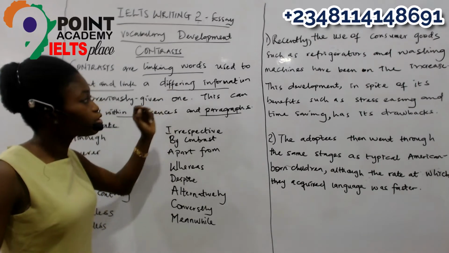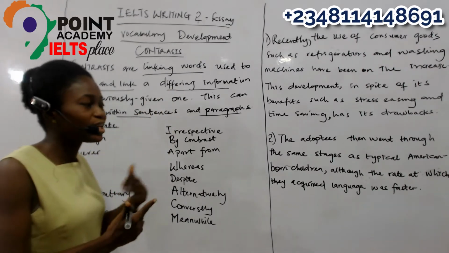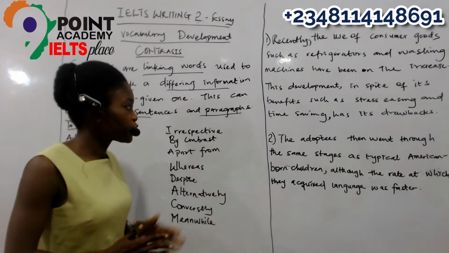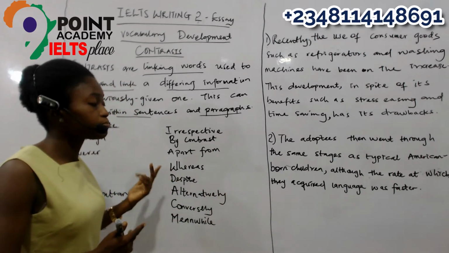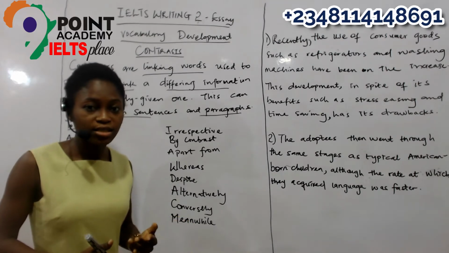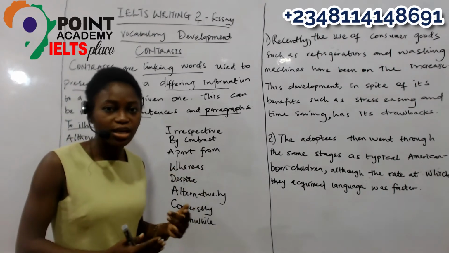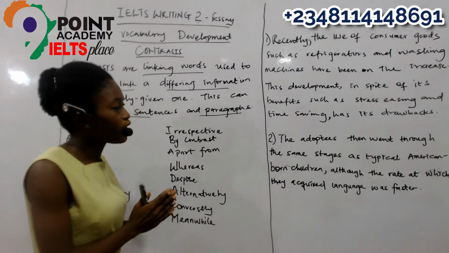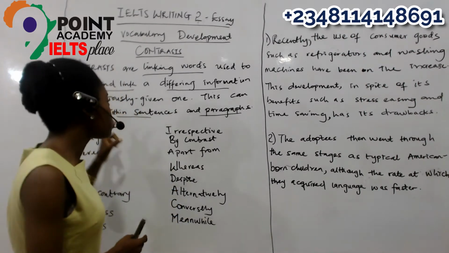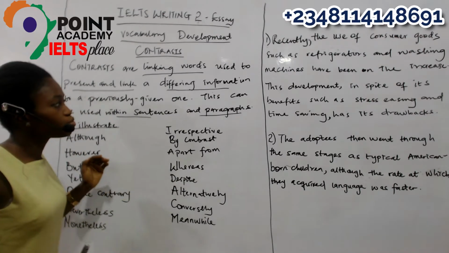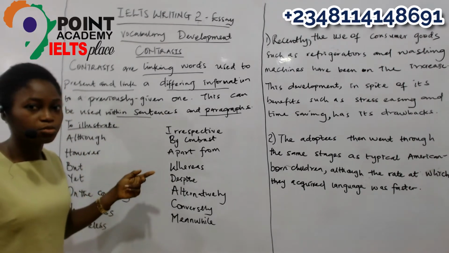Now a differing opinion means information that is different from the one you've given earlier, especially in cases of advantages and disadvantages. You can't introduce your disadvantages and still use additions. You need to be able to choose from these sets of words to present a different information.